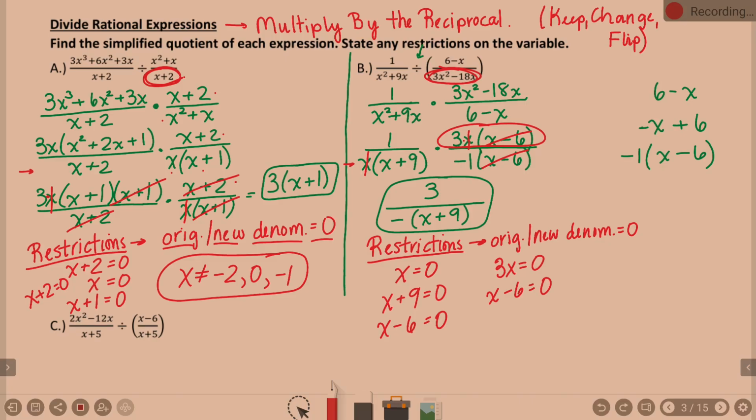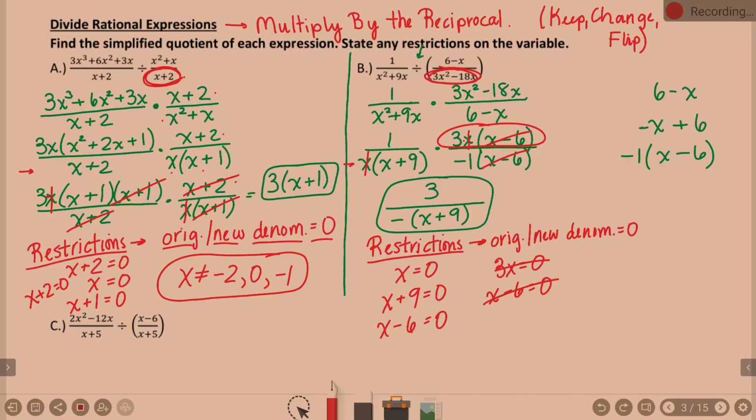In all reality, did those end up mattering again? They didn't, because you already had x minus 6, so that's not going to matter. 3x equals 0 is going to be the same as what? x equals 0. So they ended up not mattering, but do you still need to check? Yes, because sometimes they will matter.